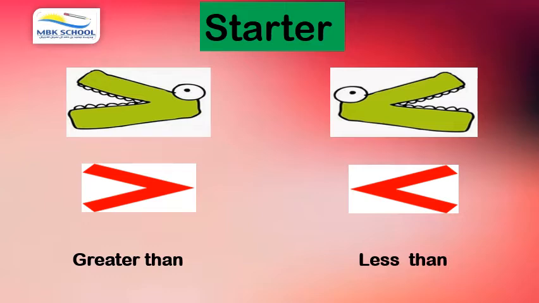So let us spot the difference, my dear students. The greater than, the opening of its mouth goes to the left, and the less than, the opening of its mouth goes to the right. So these two symbols mean greater than and less than.